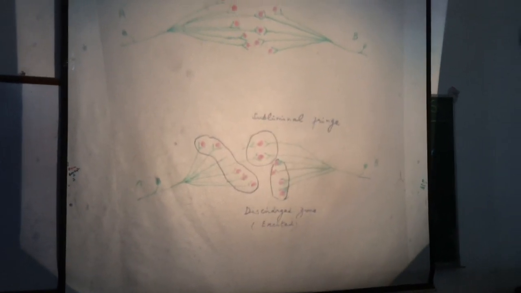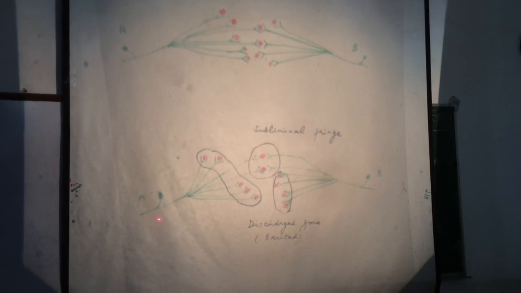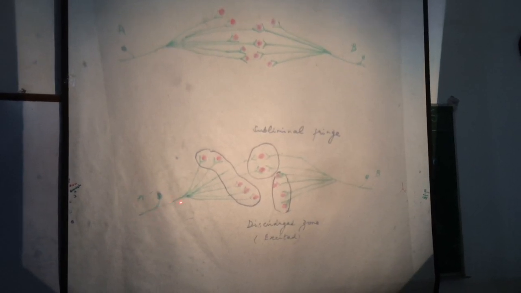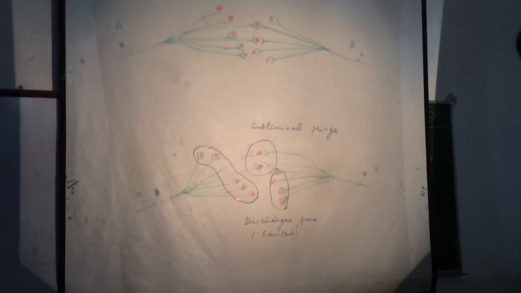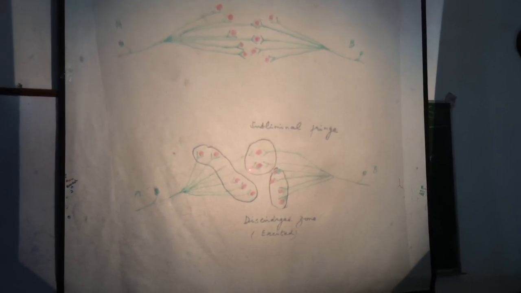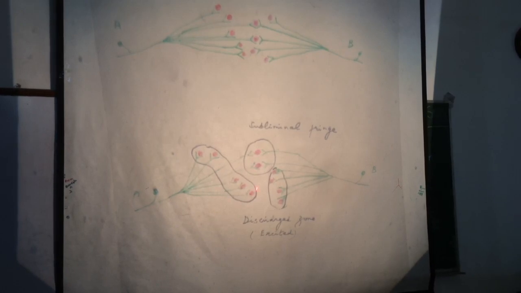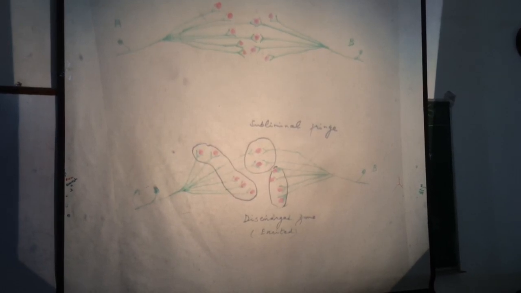We again consider the two afferents. You see, afferent A is making synapse with 1, 2, 3, 4, 5, and 7 motor neurons.